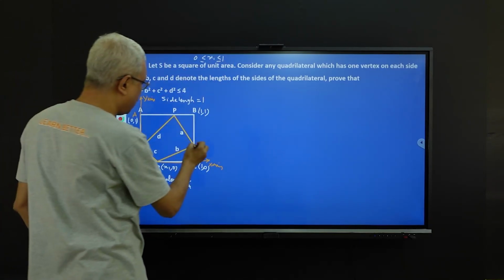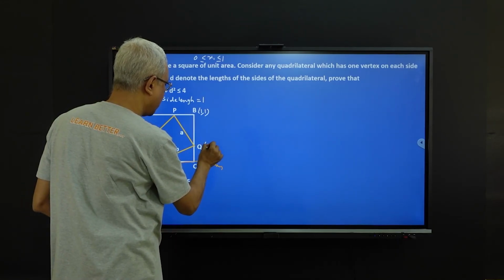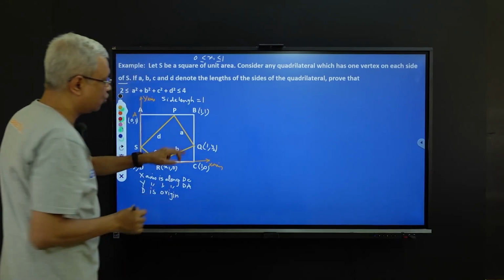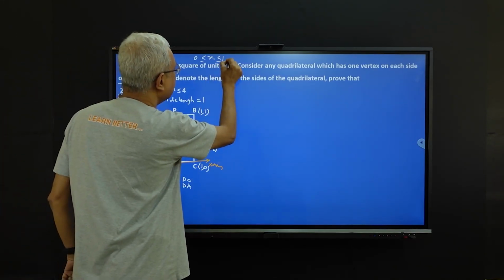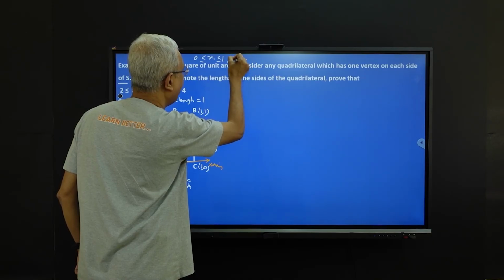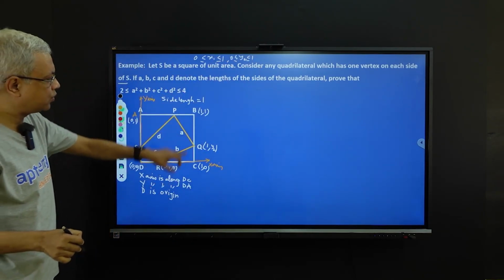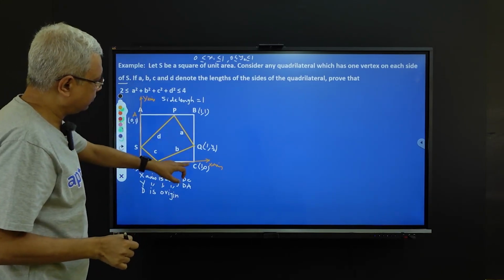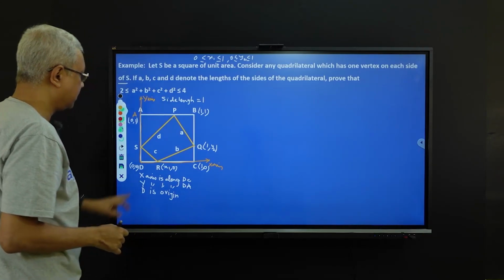Similarly, Q's coordinate I write as (1, y2), where y2 is greater than or equal to 0 but less than or equal to 1.